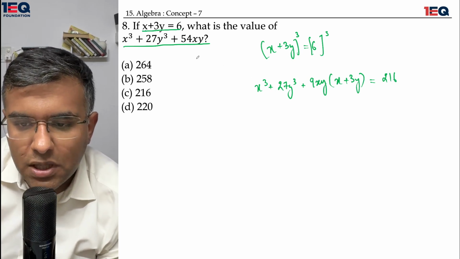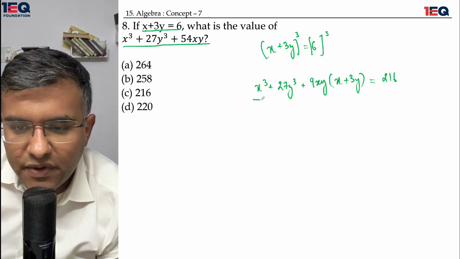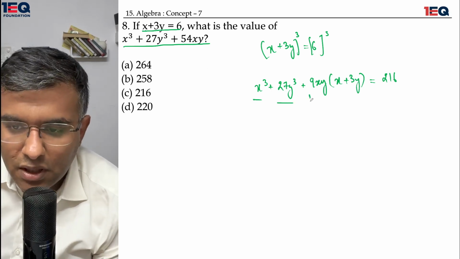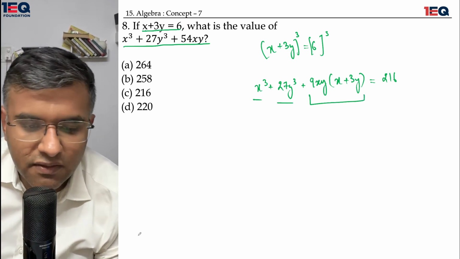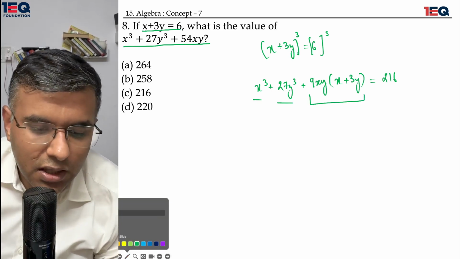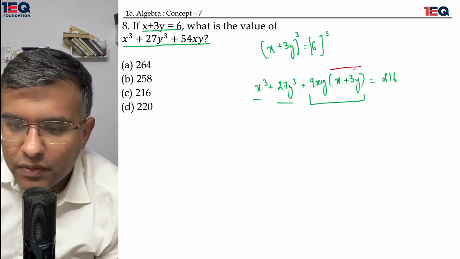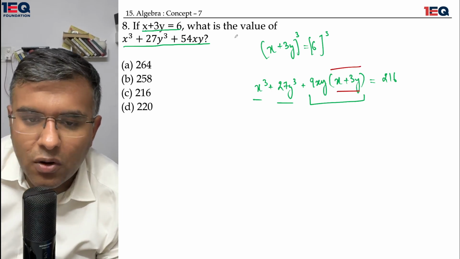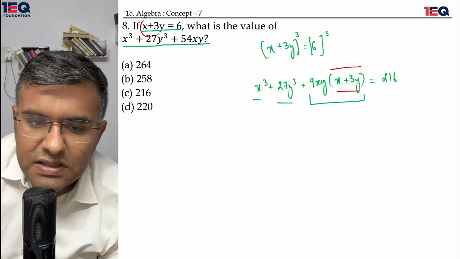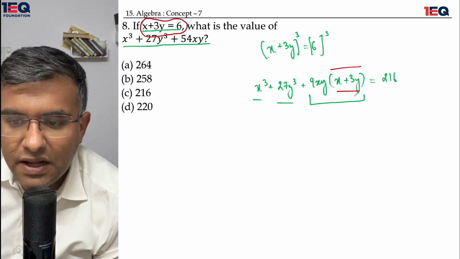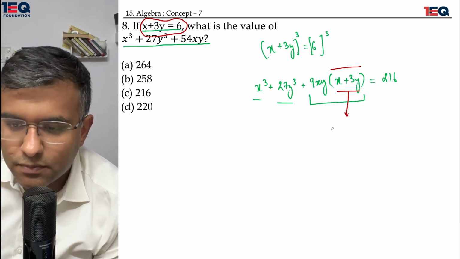It's asking me to have a form of x cube, 27y cube, and 54xy. Here, I cannot see the value 54xy being present anywhere. But if I take a closer look, I can see that x plus 3y already has a value of 6 in the question.